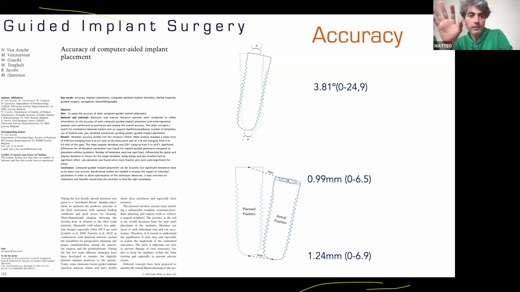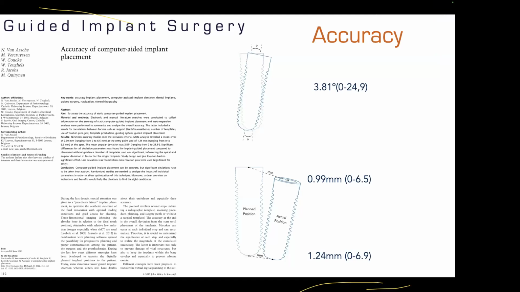But the important thing of this paper is the range of differences: from 0 to 24 degrees, 0 to 6.5 millimeters, 0 to 6.9 millimeters. It's a big difference. In some cases, that is not the average, but they are the worst cases.